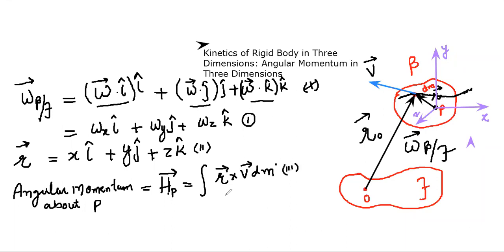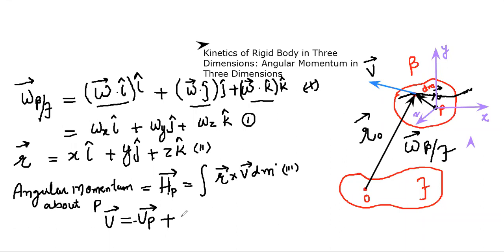Fine. Now substitute the value of r and v. What is v? v is the velocity of this body. We can write v from the kinematic equation: velocity v of particle dm, which is at a radius vector r, is equal to the velocity of point P plus the angular velocity cross r, where r is the vector drawn from P to the particle.